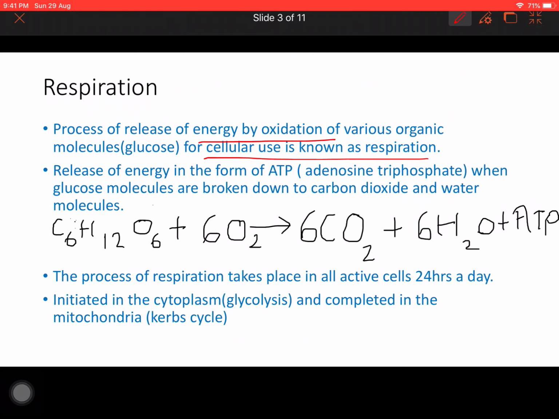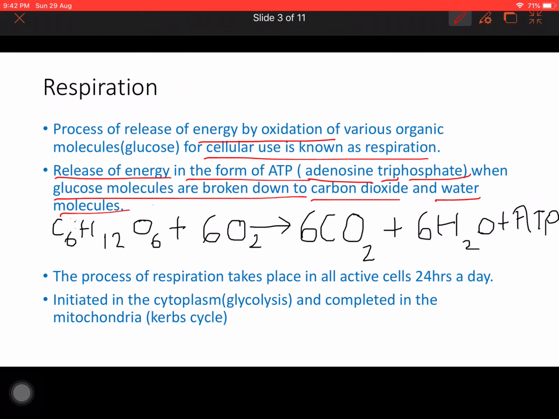So what happens in this process? In other terms, you can also say respiration is a release of energy in the form of ATP. So what is ATP? ATP is adenosine triphosphate, produced when the glucose molecules are broken down to carbon dioxide and water.